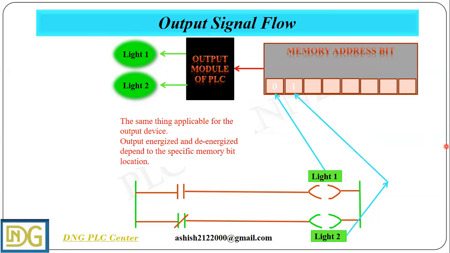The output module will send a signal to the field device, which is light 1, which will also be 0. So when it's pressed, the memory bit becomes 1. It sends a signal to the output module, then it goes to the field devices, and that one will be 1 also. That applies to rung 2 also. Now the memory bit is 1, so the push button is pressed, and it's normally closed, so our memory bit will be 1.